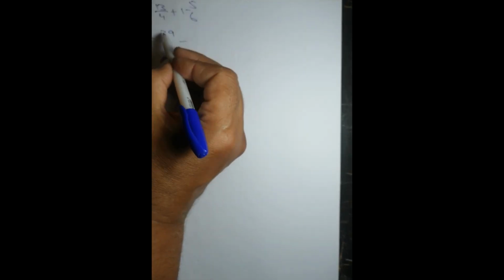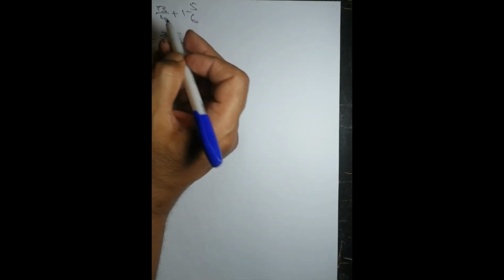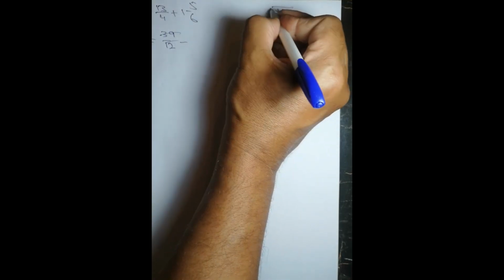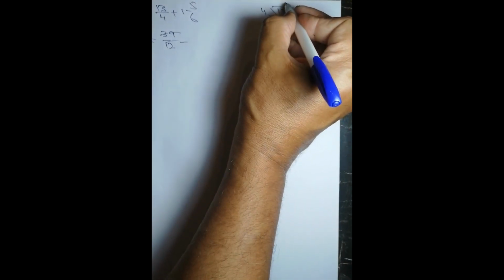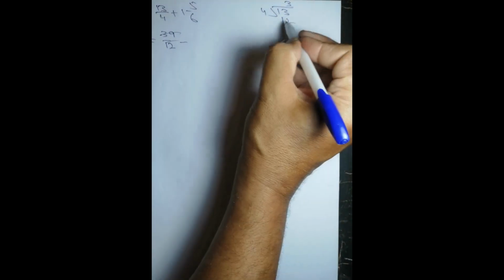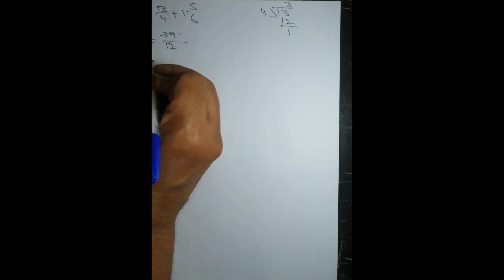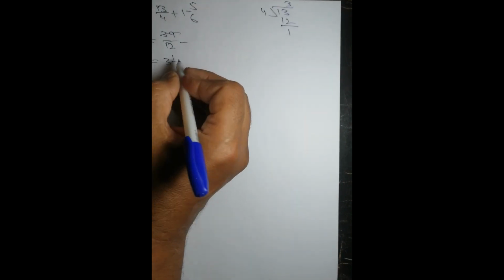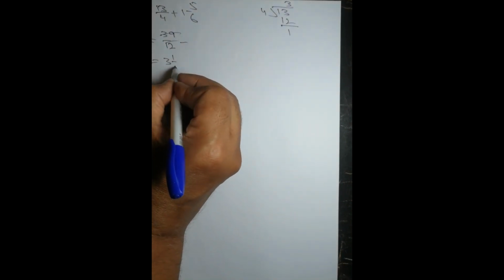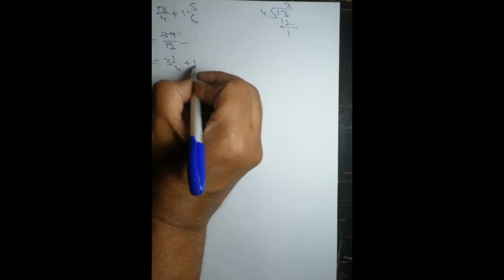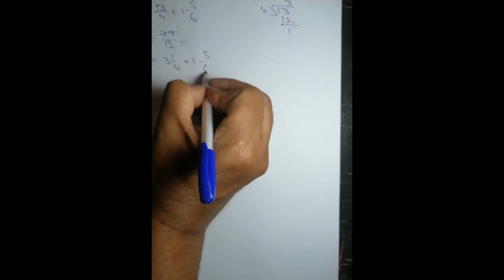Or I think it is better to make this also a mixed number. 13 divided by 4, 4 3s are 12. So this is 3 whole number 1 by 4 plus 1 whole 5 by 6.